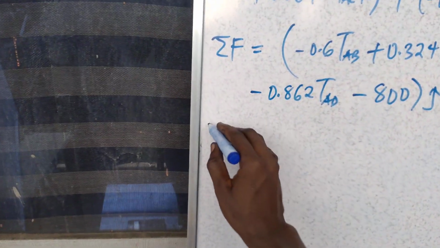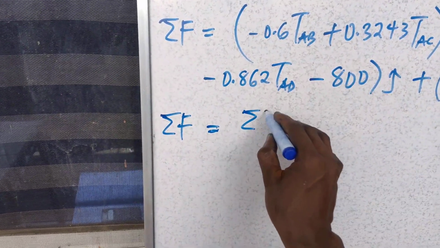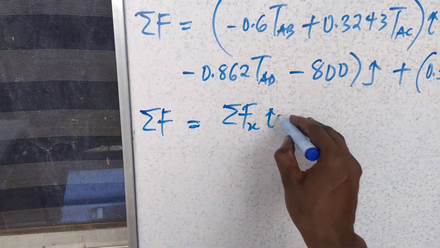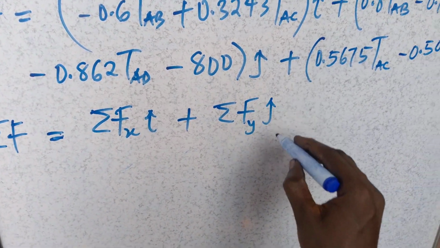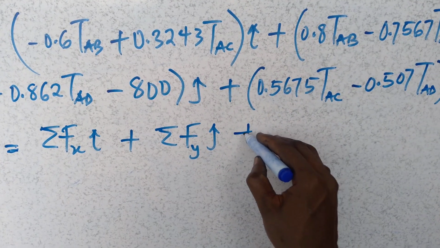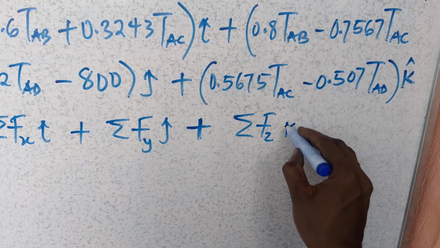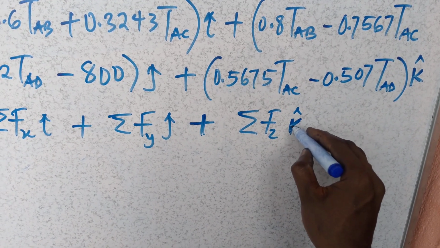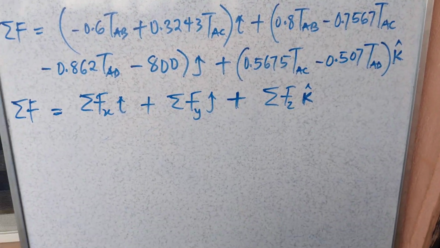So this now is sigma F equals sigma Fx i plus sigma Fy j plus sigma Fz k.